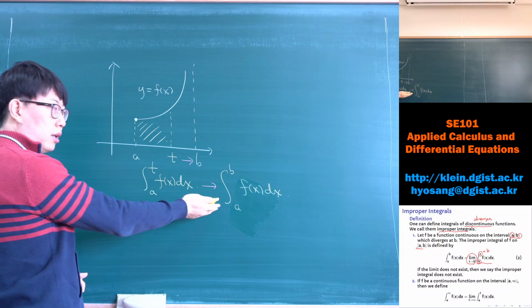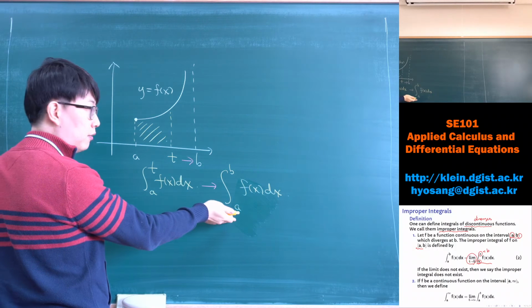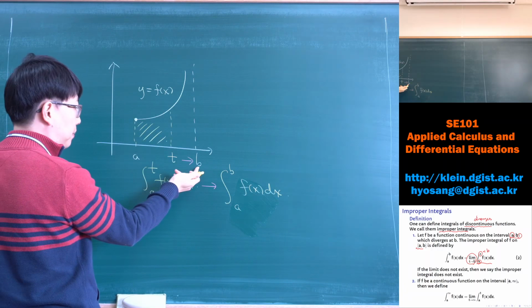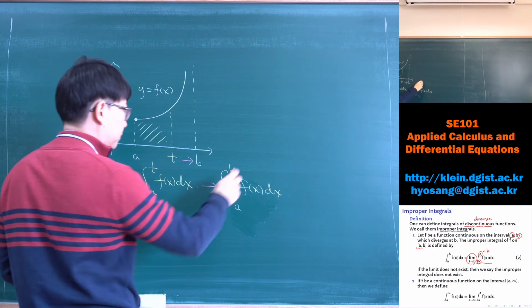So this looks like a definite integral, but this is not a definite integral because f of b is not defined. Okay.